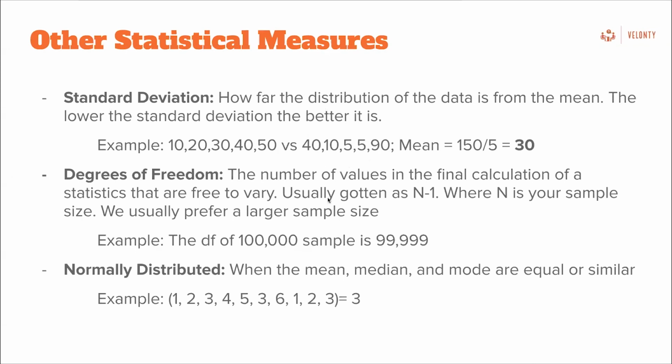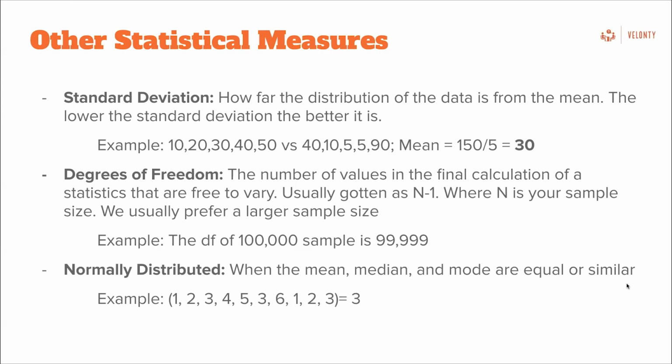So how do we know what would be the standard deviation? How do we know how far this data is distributed from the mean? What you do is you subtract each of your data points from your mean. So you subtract 10 minus 30, 20 minus 30, 30 minus 30, 40 minus 30, 50 minus 30.